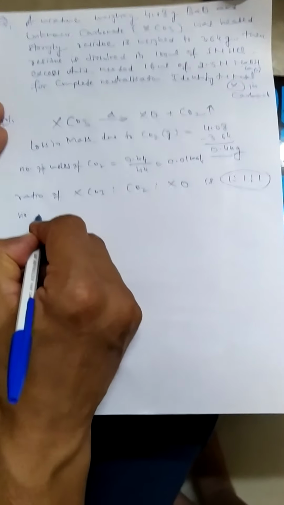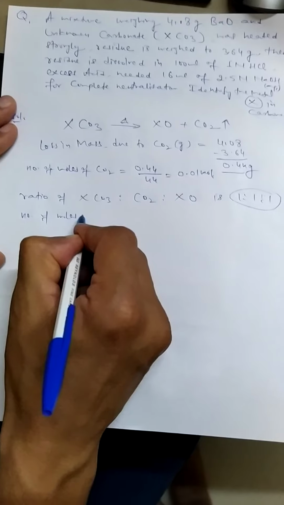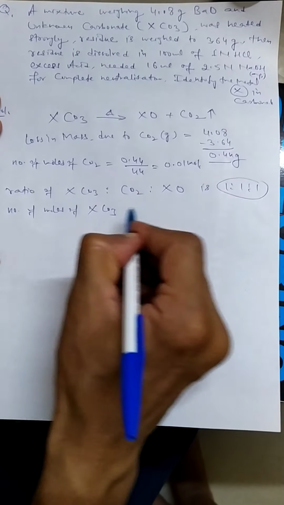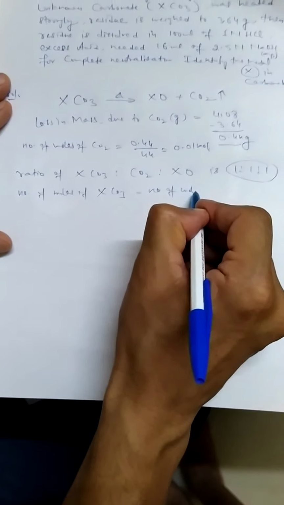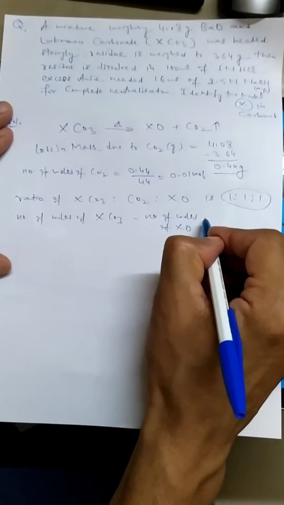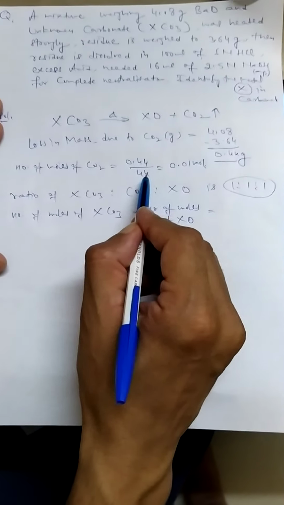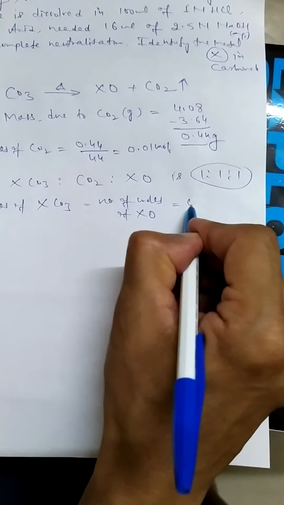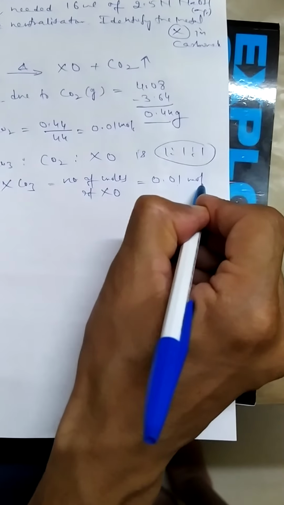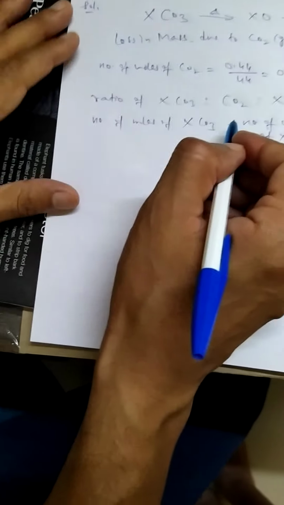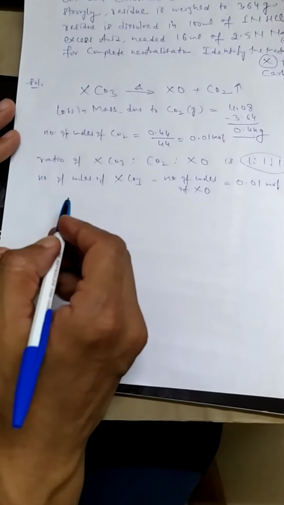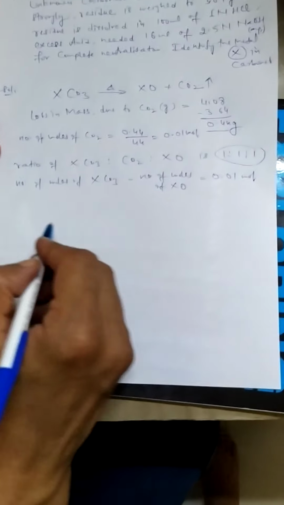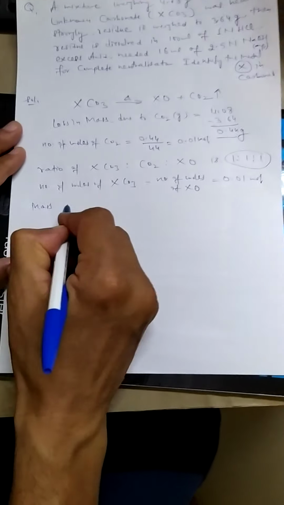So number of moles of carbonate should be equal to number of moles of oxide, and because the number of moles of carbon dioxide is 0.01, so both has to be 0.01 mole. So that goes the number of moles. Now can we find out the mass of barium oxide after heating? So let's try doing that.